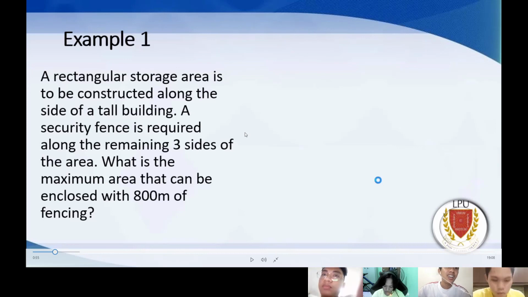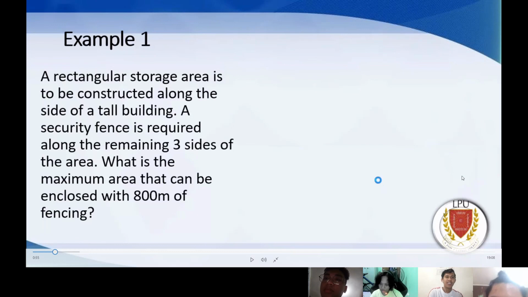Si JD nawala. Chat mo, Hughes. Calling mo.